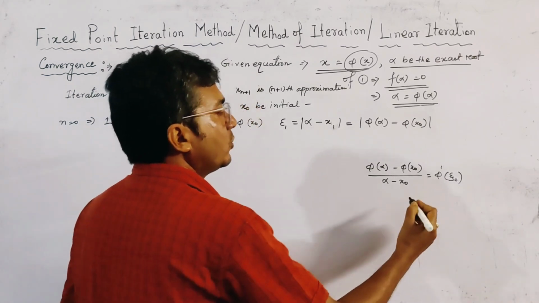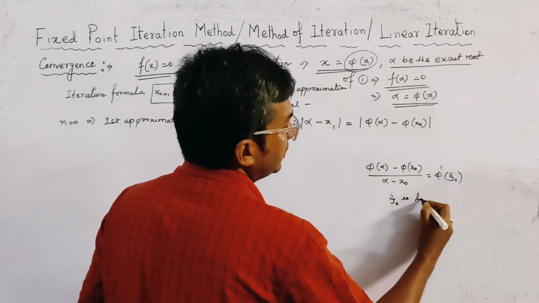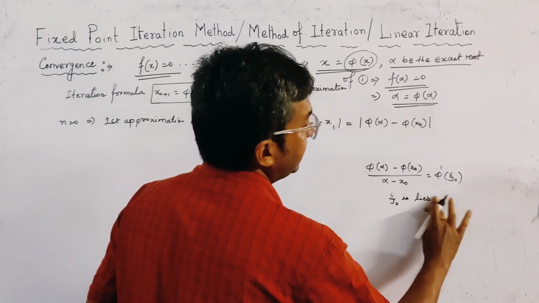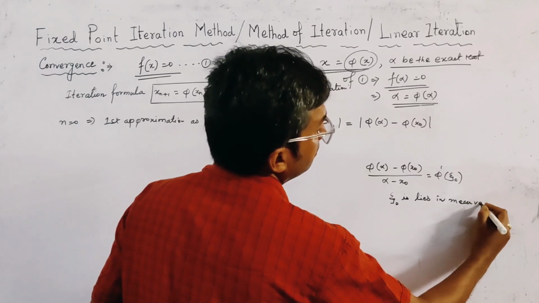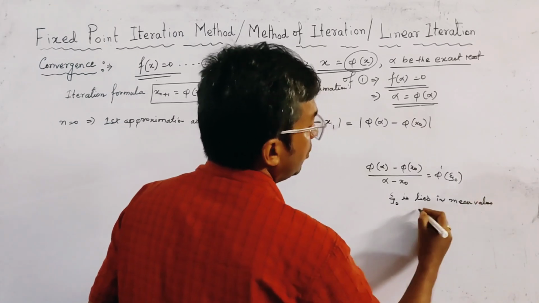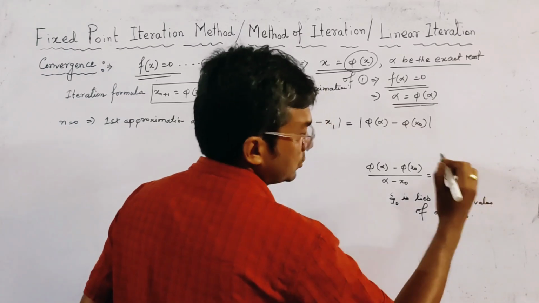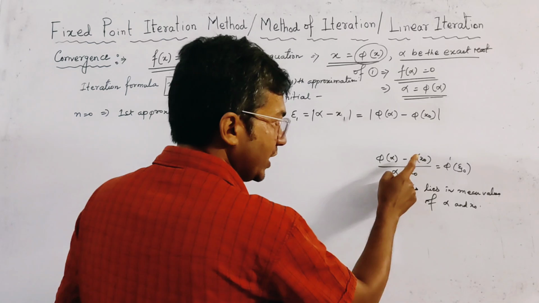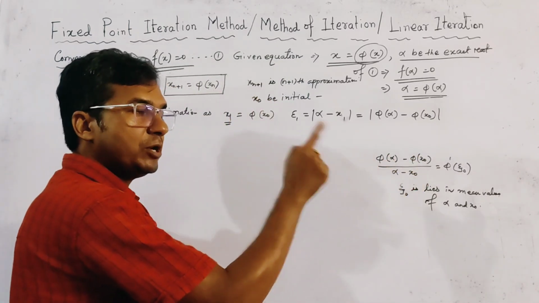Here xi0 lies in the interval between alpha and x0. Now we put the value of phi(alpha) minus phi(x0) from the Lagrange mean value theorem.